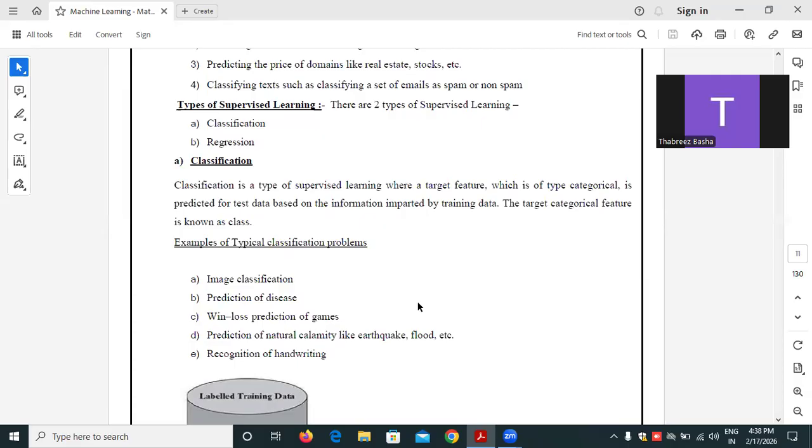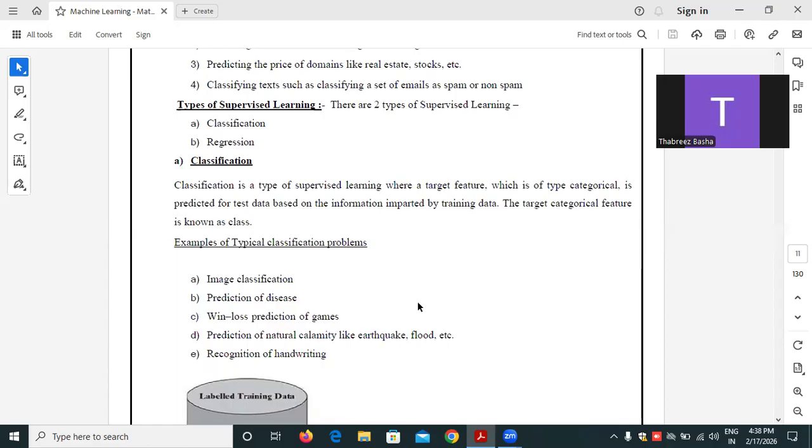Suppose we take any image in JPEG format. The image has observed color, brightness, contrast, image height and width, pixels. These are all the observation points of the image. Prediction of diseases means using symptoms of the diseases.